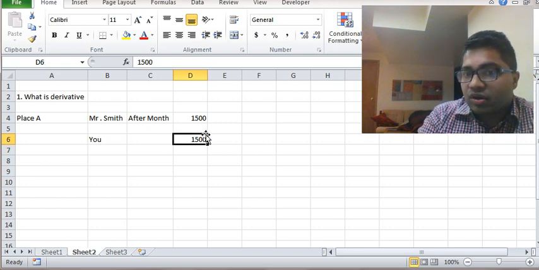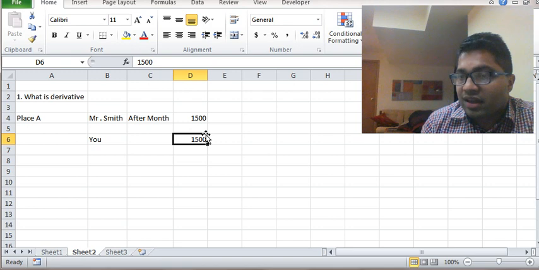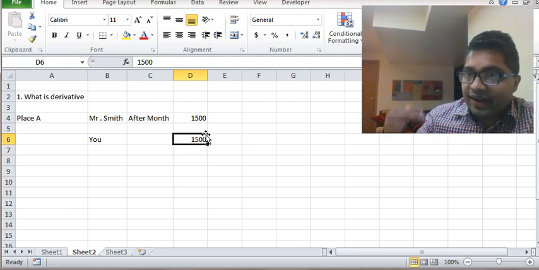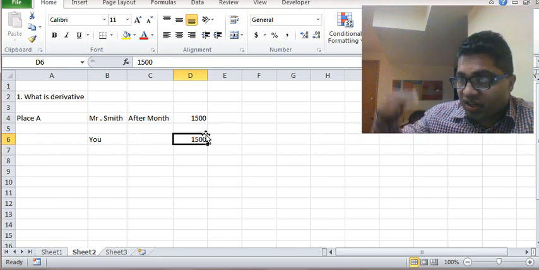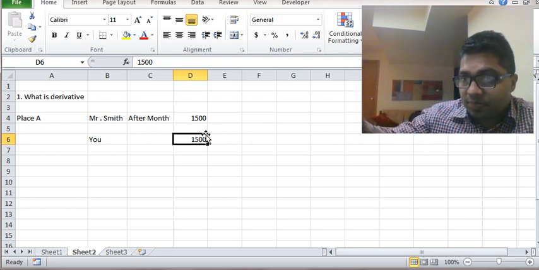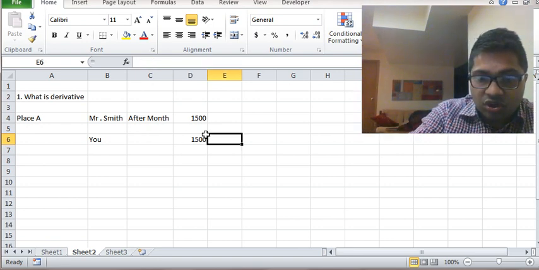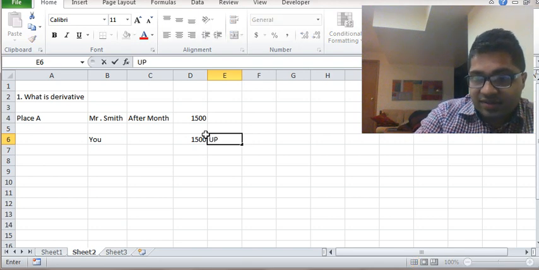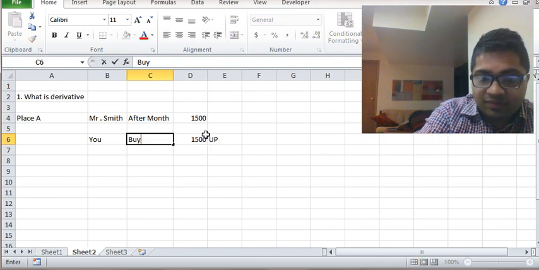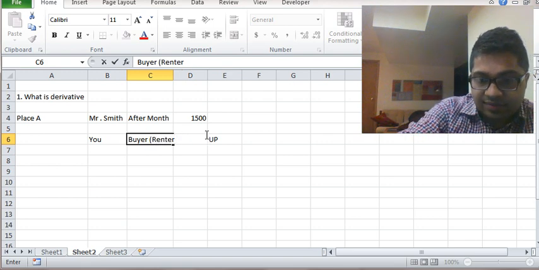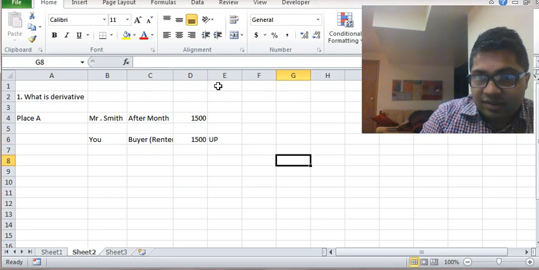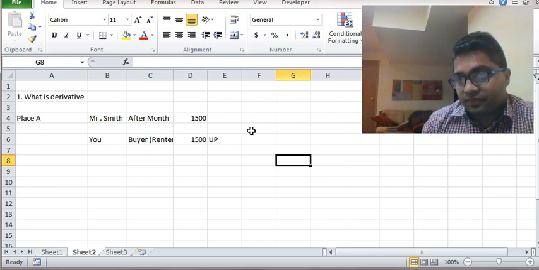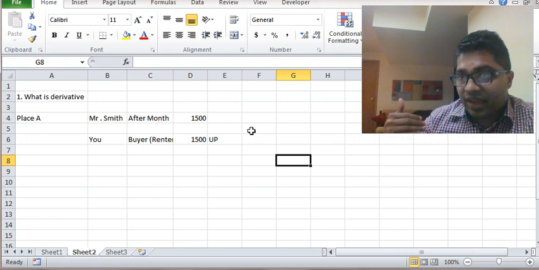So you may not get any place at the current rate, that is $1,500. So if you don't rent this place right now, in future prices may go up. So the risk that you face as a buyer, that is as a renter in this case, is the price may go up and you would have to pay more rent.